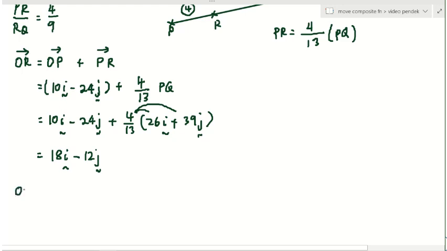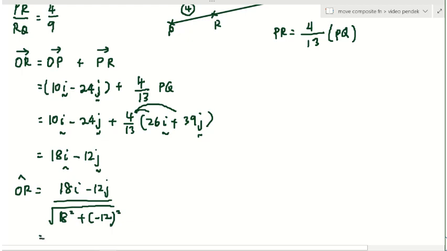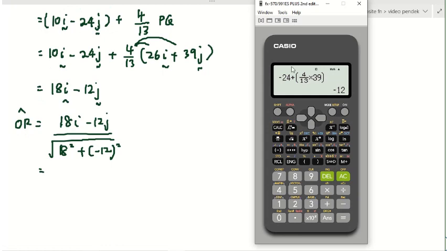OR unit vector is 18I minus 12J divided by the square root of 18 squared plus negative 12 squared, which is equal to 6√13.